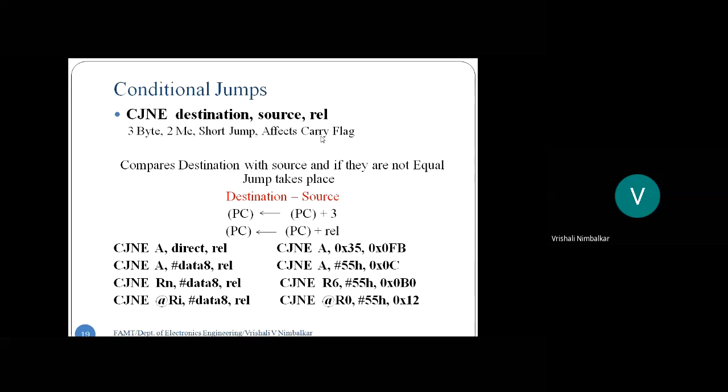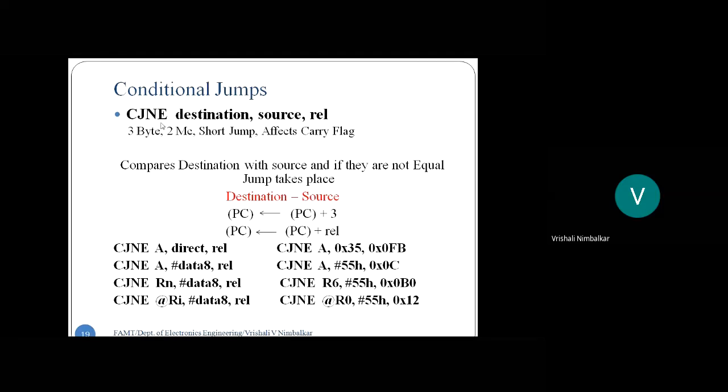Fine, students. Now with the help of this carry flag, I can find out whether the number is greater than or smaller than, whereas the CJNE instruction finds whether the number is equal or not equal. Hope you all are getting me, right? So when CJNE is executed, see what happens internally.